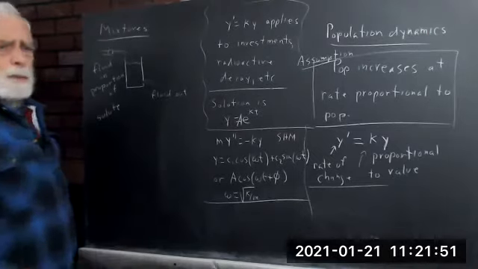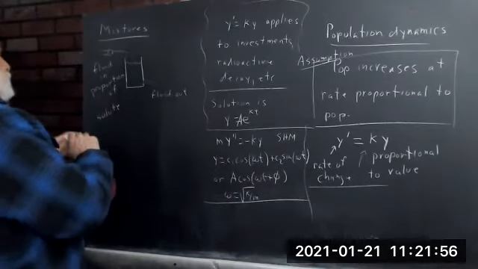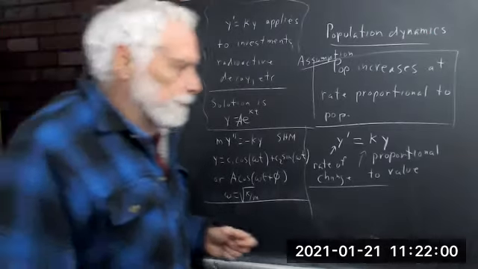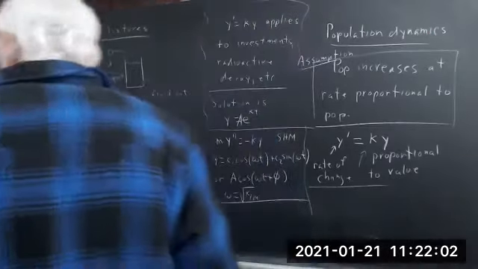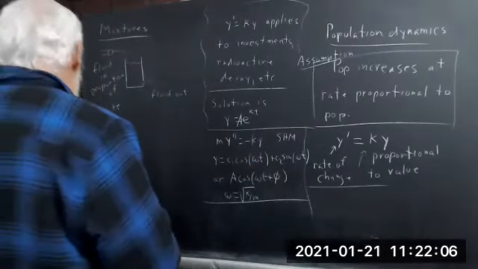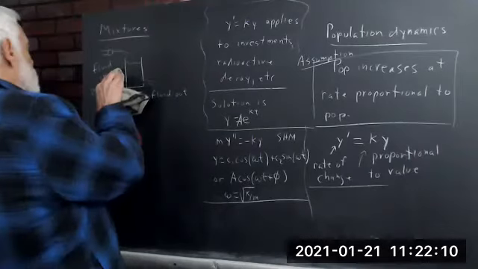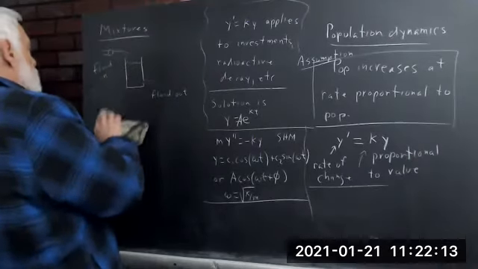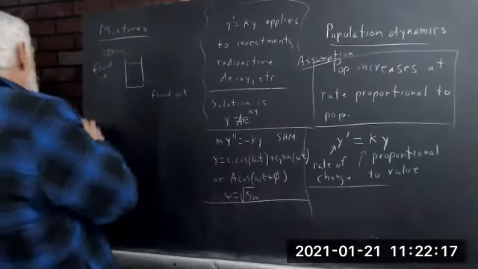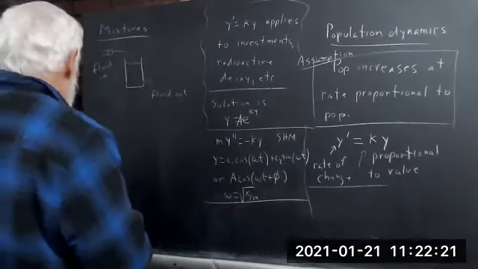Trying to remember what letter your book uses. Got boards here trying to trip me up. So I want to revise what I've written here. Your proportion is not R1. R1's the rate at which it's coming in.